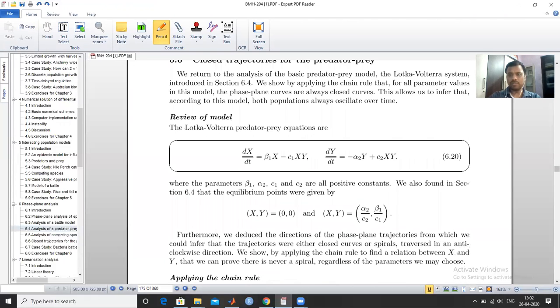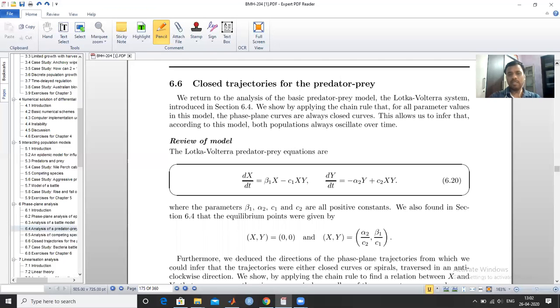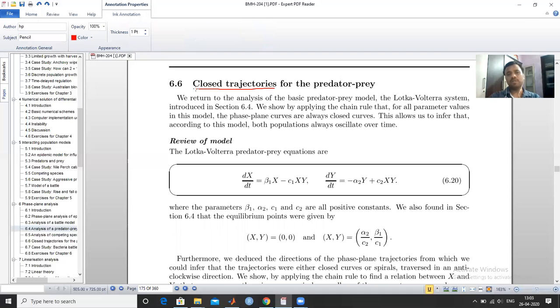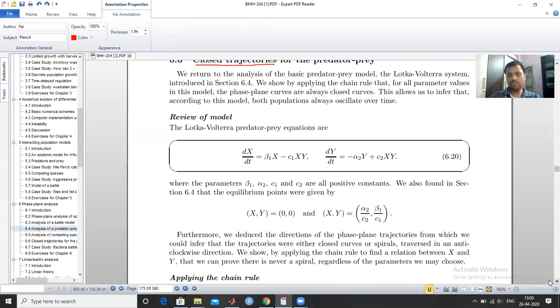We can analyze whether these trajectories are closed. We can show it analytically as well, because we plotted these trajectories by computer. But here we will do the mathematical analysis showing that these trajectories are closed. This is not for your exam purpose, but you should know what this is.